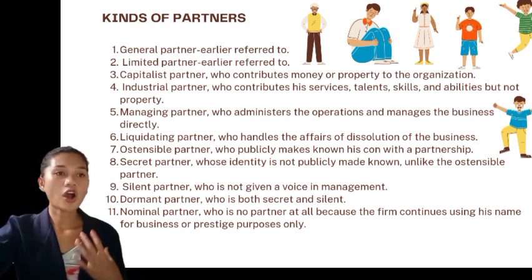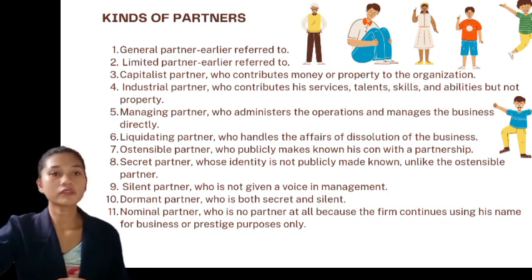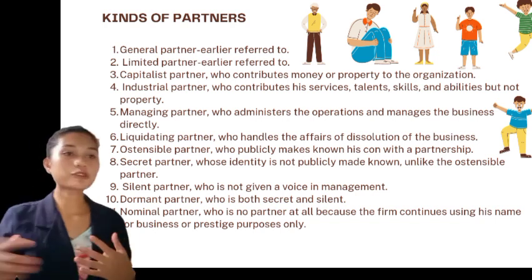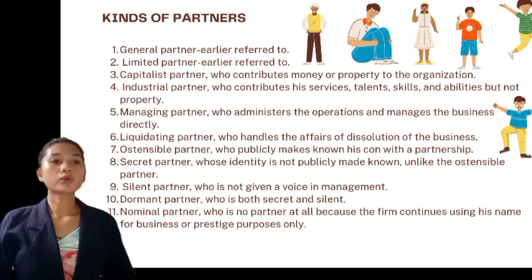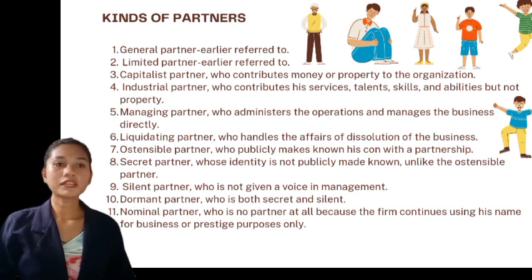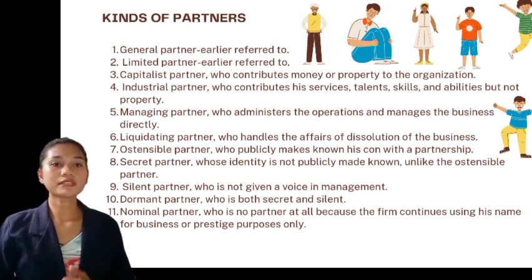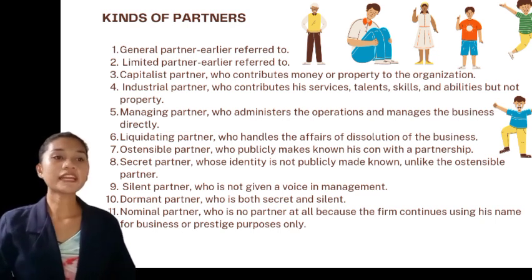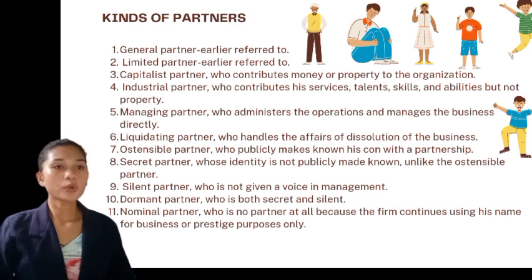The seventh, ostensible partner who publicly makes known his connection with a partnership. So the eighth is secret partner whose identity is not publicly made known, unlike the ostensible partner. The ninth is silent partner who is not given a voice in management.